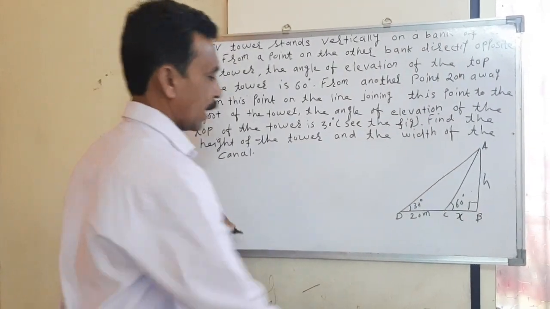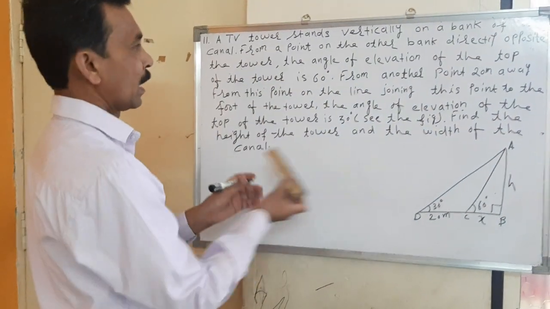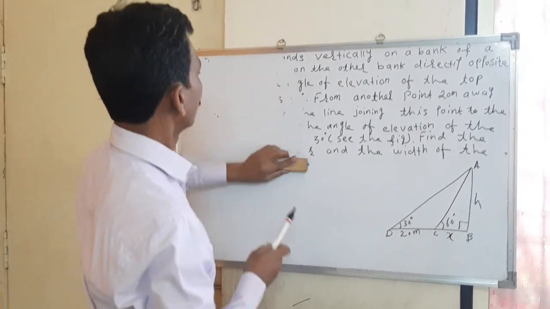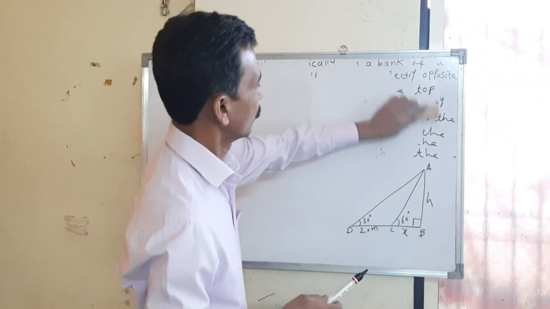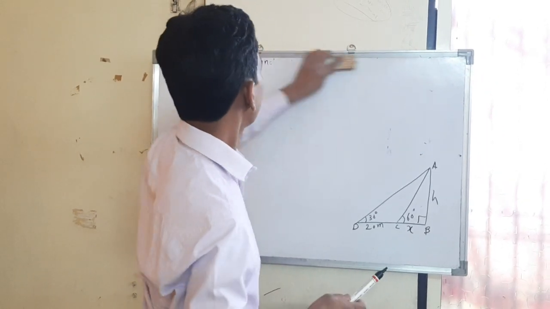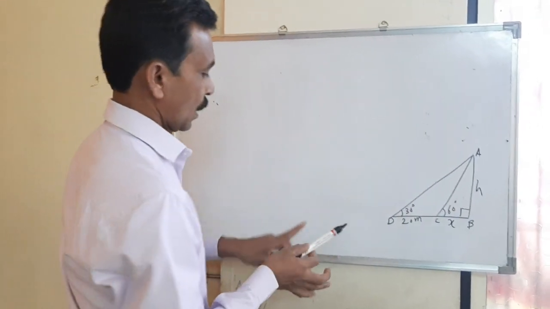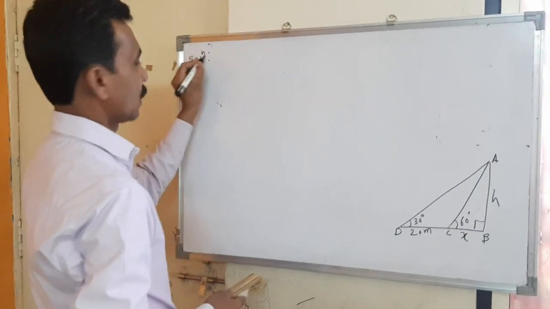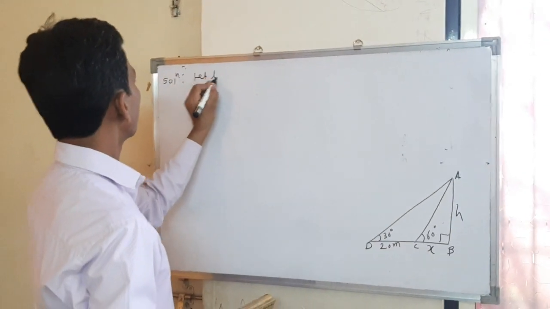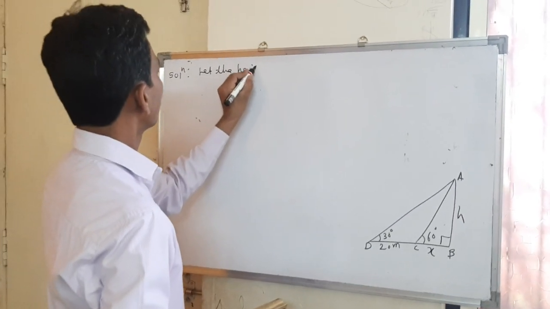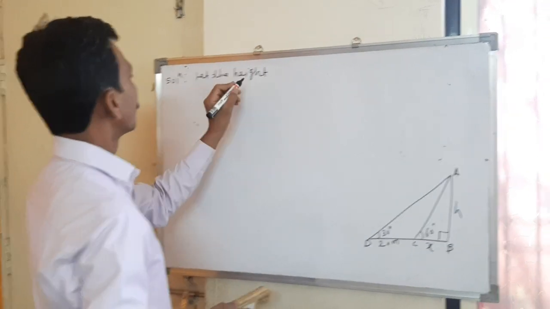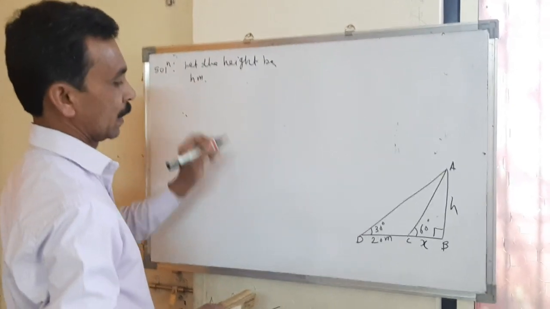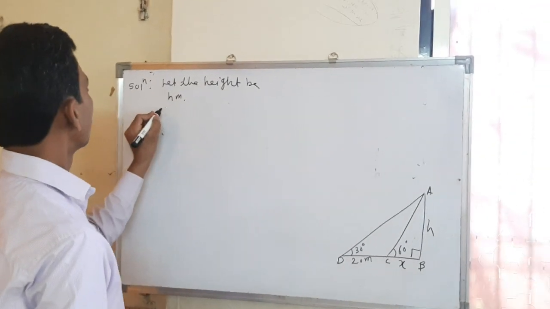I'll take the first triangle. First I'll write here. Solution. Let the height be H meters, right?